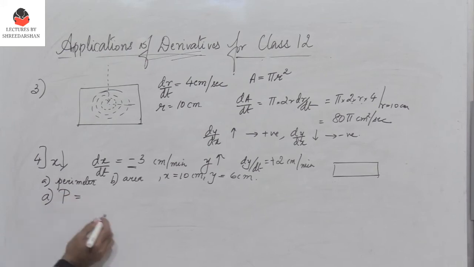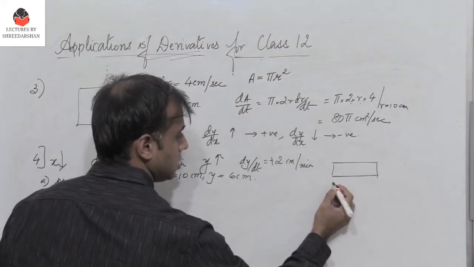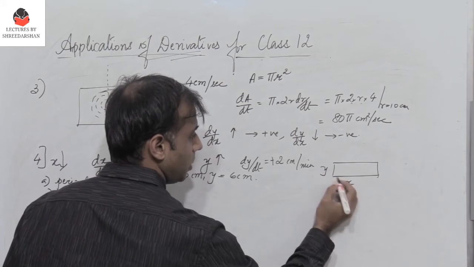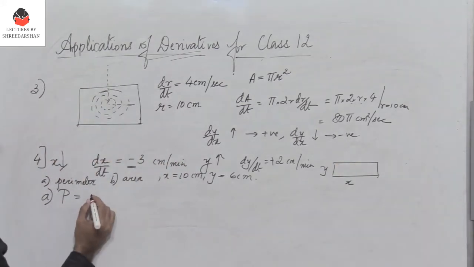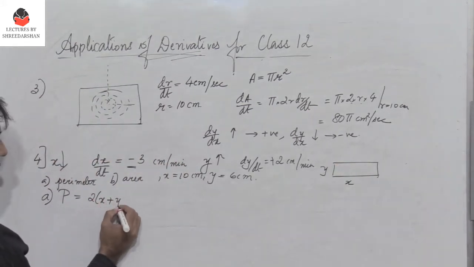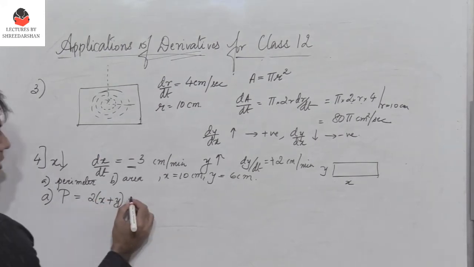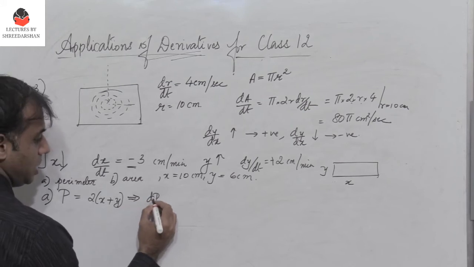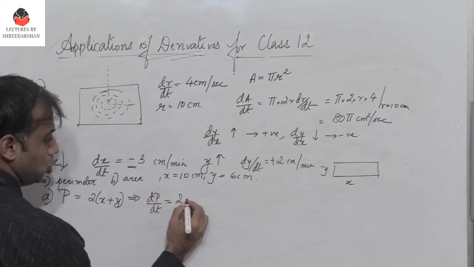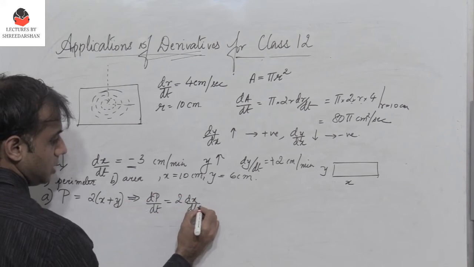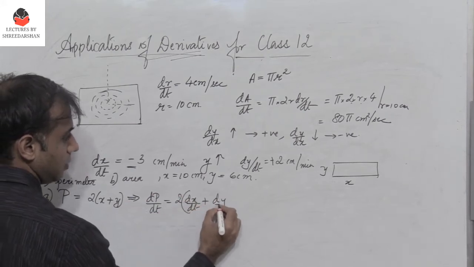Let's assume that this is x and this is y. So the perimeter is 2x plus 2y. So it is 2 into x plus y. So I need to find the rate of change of p. So this implies dp by dt is 2 into dx by dt plus dy by dt.